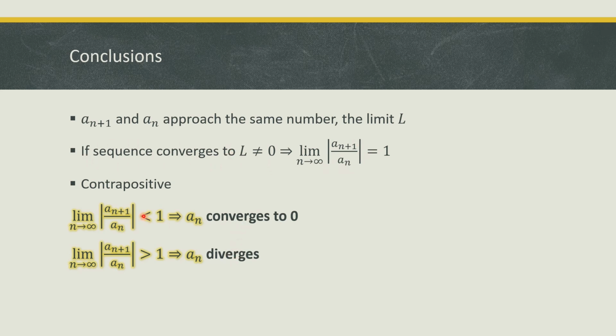And in fact, we can show, which we will do in the next video, that if this limit is less than 1, then a sub n converges to 0. Not only does it converge, but it converges to 0. So this is a stronger statement than just saying that it converges. And we also will show that if this limit here is greater than 1, then the sequence diverges.